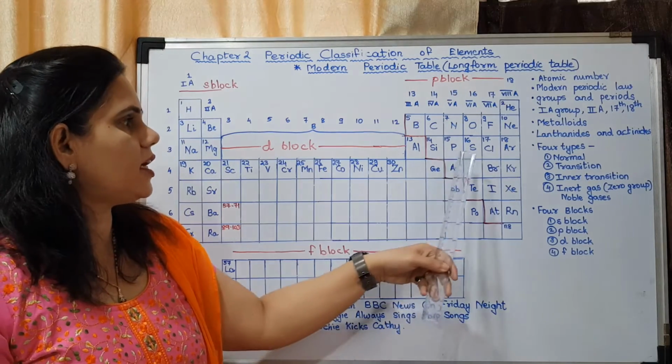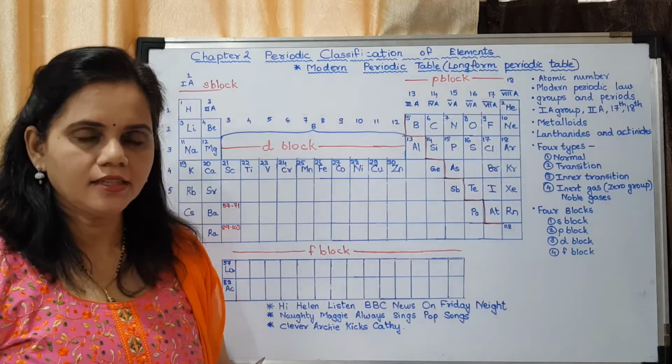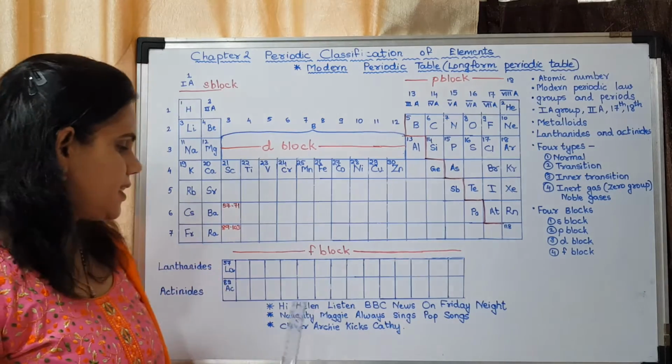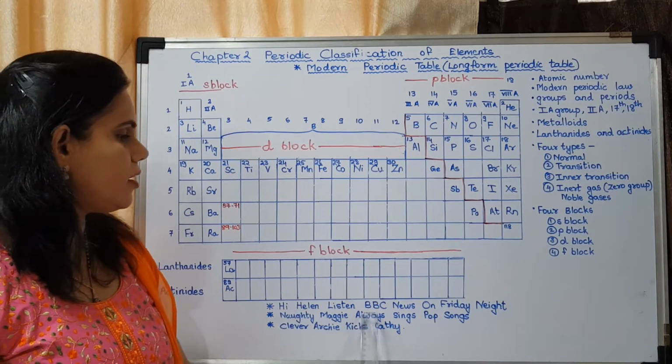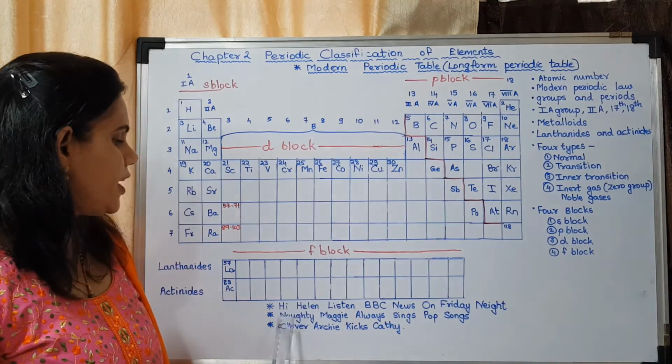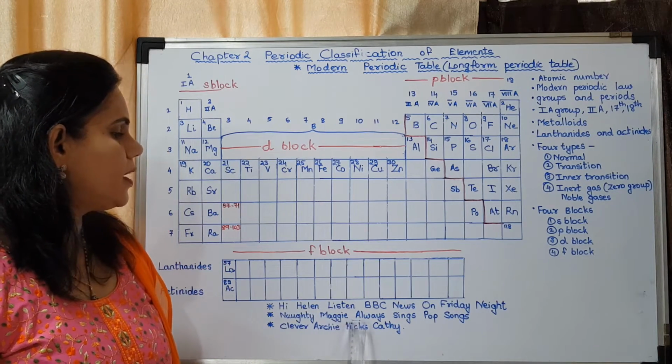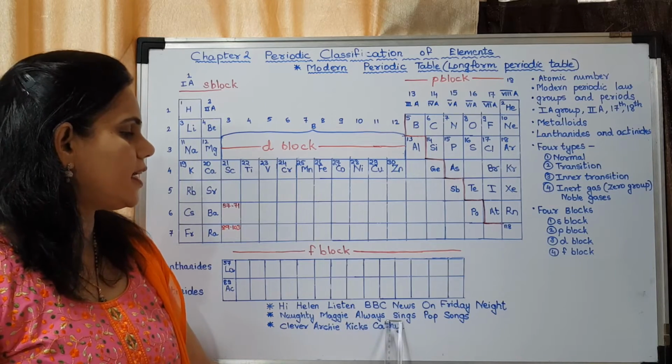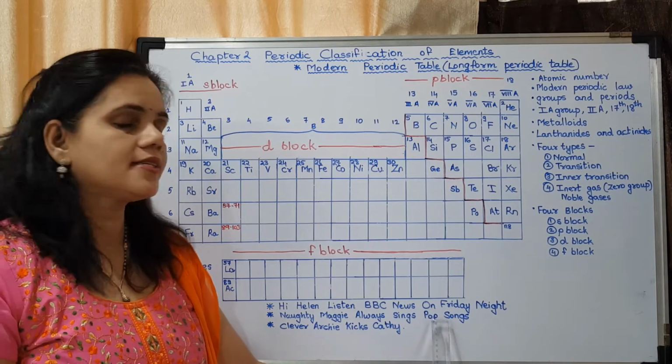This you are reaching till 16. So what is the statement? Naughty Maggie always sings pop songs: sodium, magnesium, aluminium, silicon, phosphorus, sulfur.